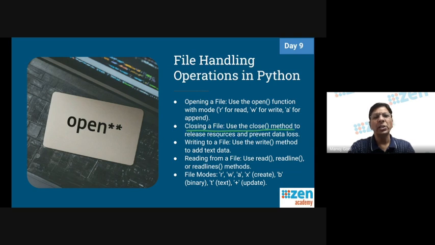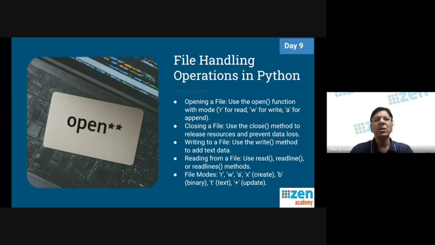After using the file for any processing, we always close it, okay? Because we don't want to keep the file in open state. Otherwise, some of the programs may be blocked from accessing it because one program is already using it, right?